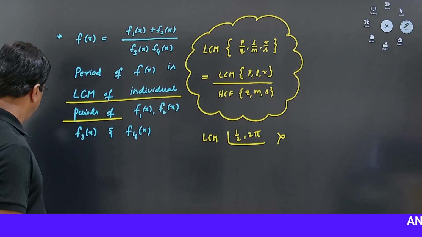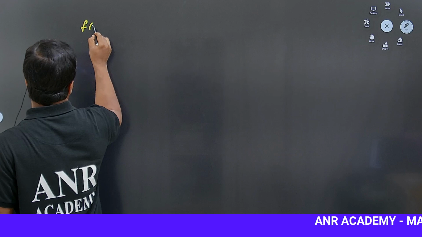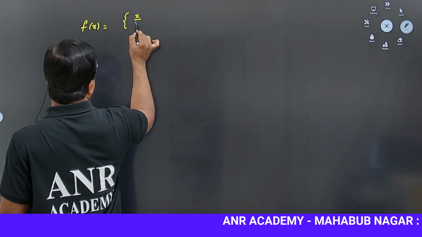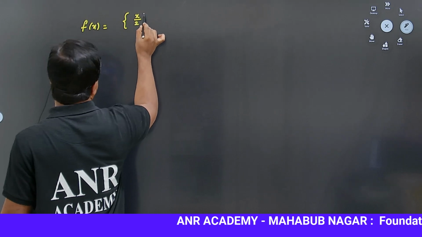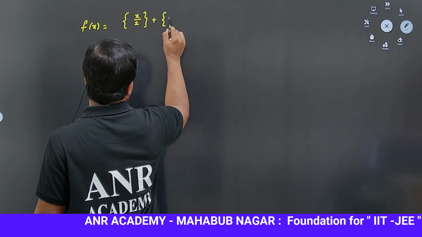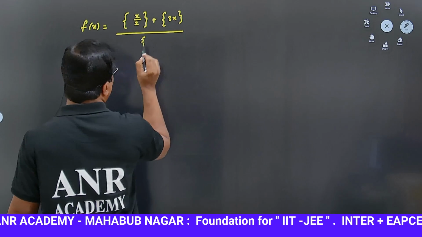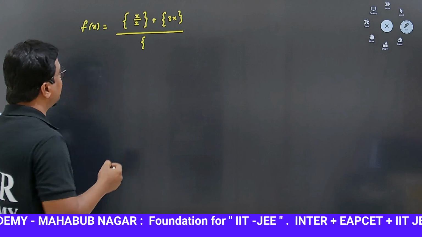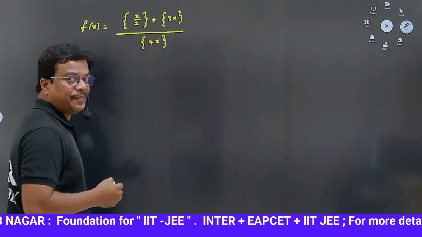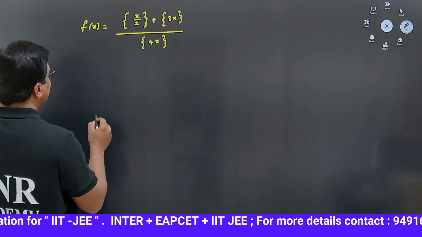For example, if I choose f of x as fractional part of x by 2 plus fractional part of 3x, whole divided by fractional part of 4x. This is the question. In such cases, you have to find the LCM.